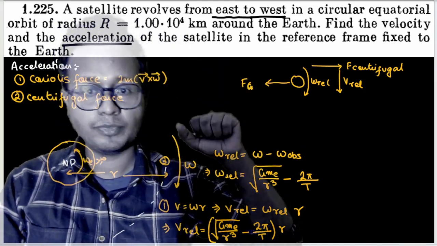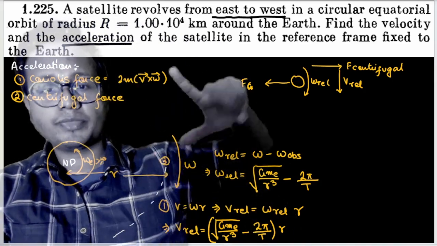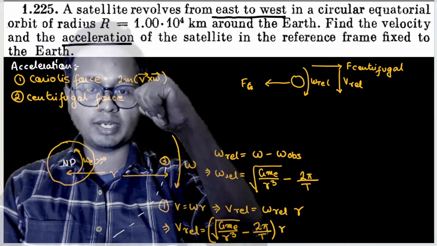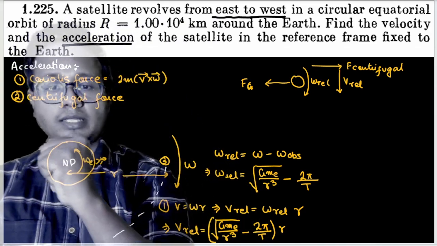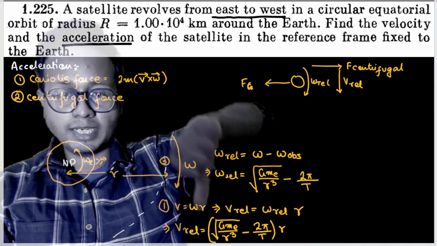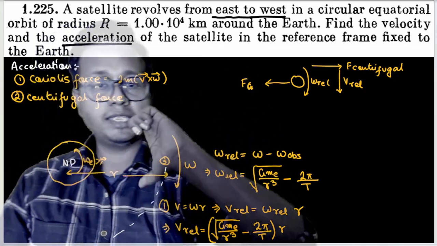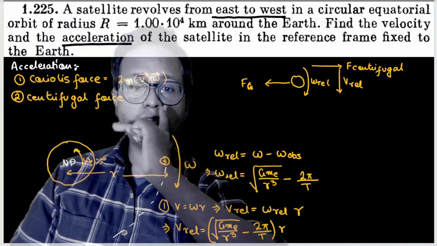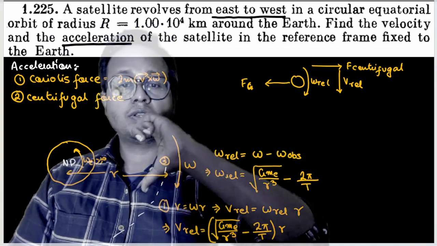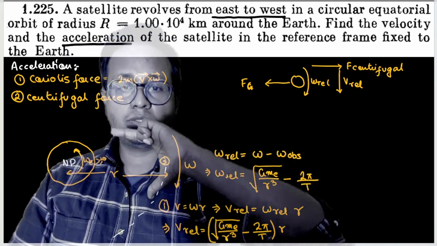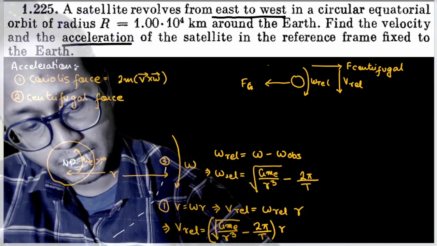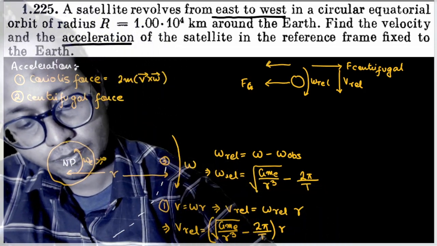Using the three fingers rule, v is downward, omega is upward. If I curl my hand in the direction of omega, the axial vector of omega will come towards me. So velocity of the satellite is downward, omega is towards me. The direction of Coriolis force is v cross omega, so it would be in this direction. So Coriolis force would be in the same direction as the gravitational force.